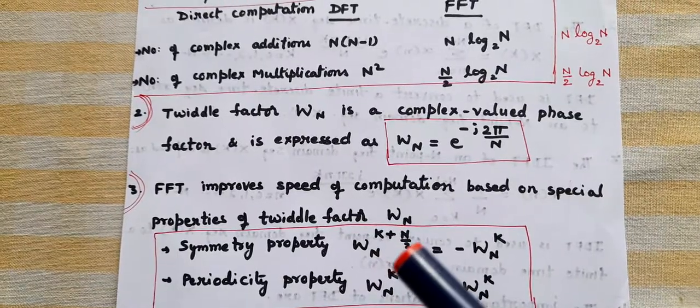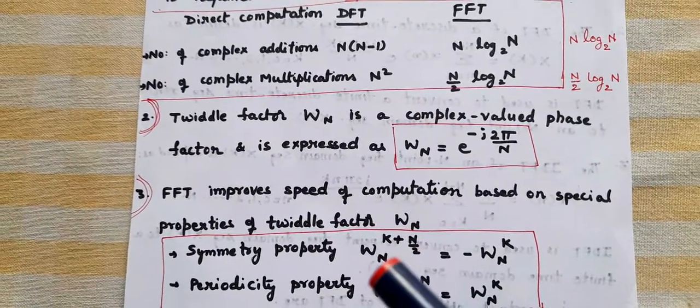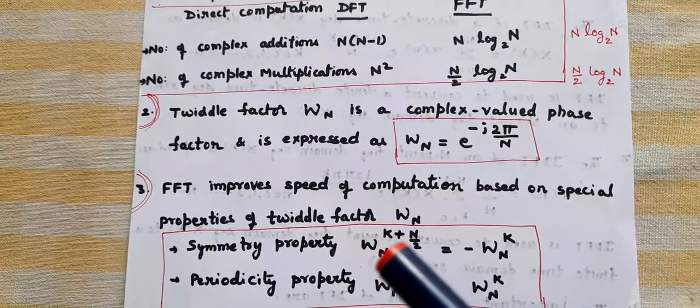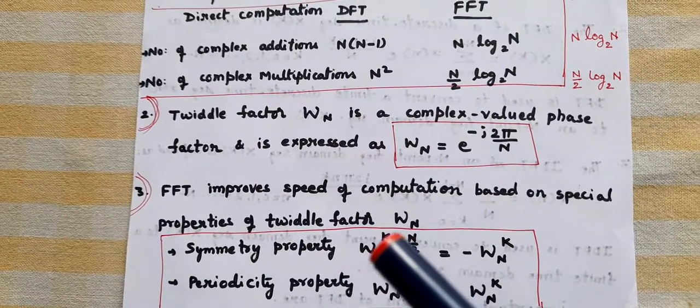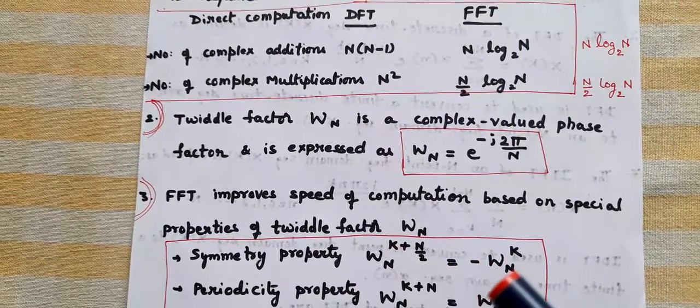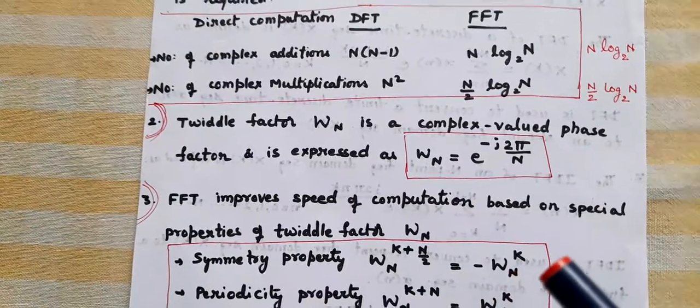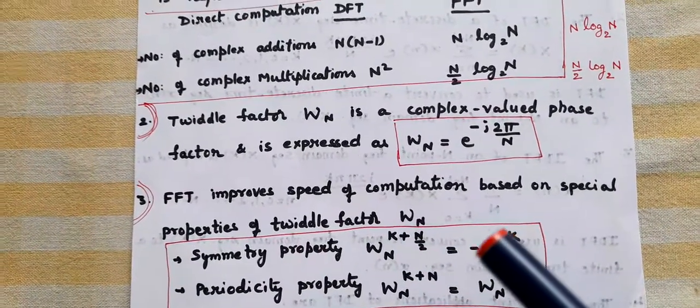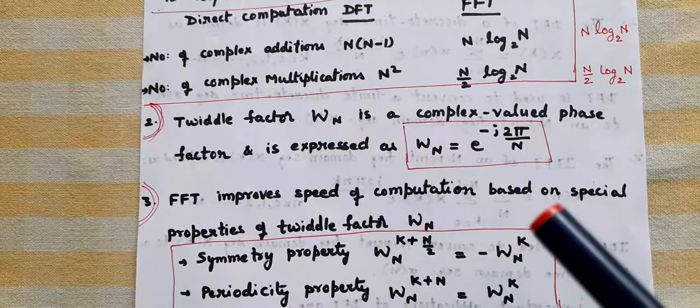Symmetry property states that Wn to the power k plus n by 2 is equal to minus of Wn to the power k.